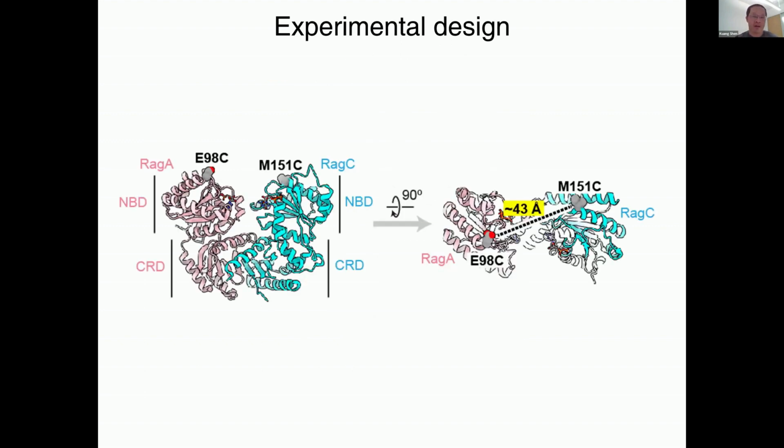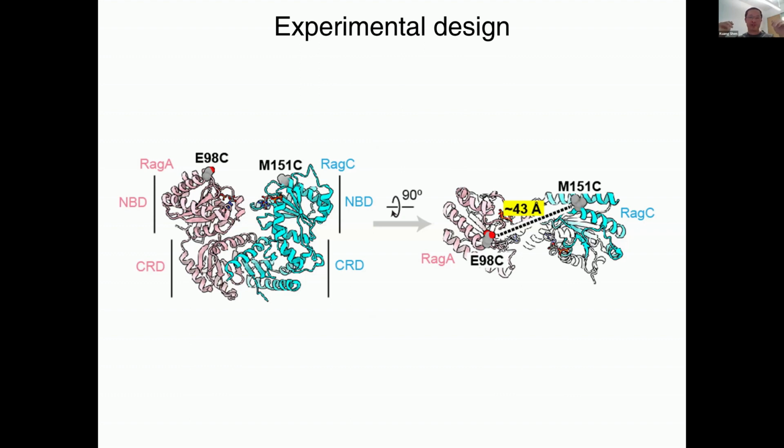And then with this cys-less version in hand, we can start to put dyes at our desired position in order to track the conformational change. We introduce E98 on RagA. We mutate that to a cysteine, and we mutate M151 to a cysteine, and we label these two with Cy3 and Cy5 dyes.